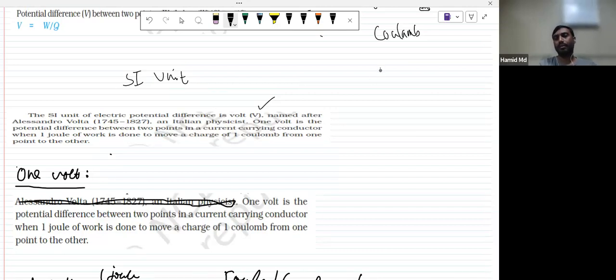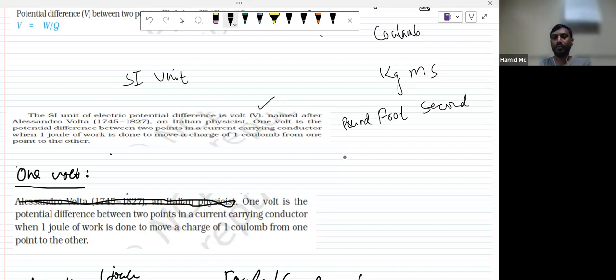We have kilogram, meter, second units. Then we have foot, pound, and seconds.